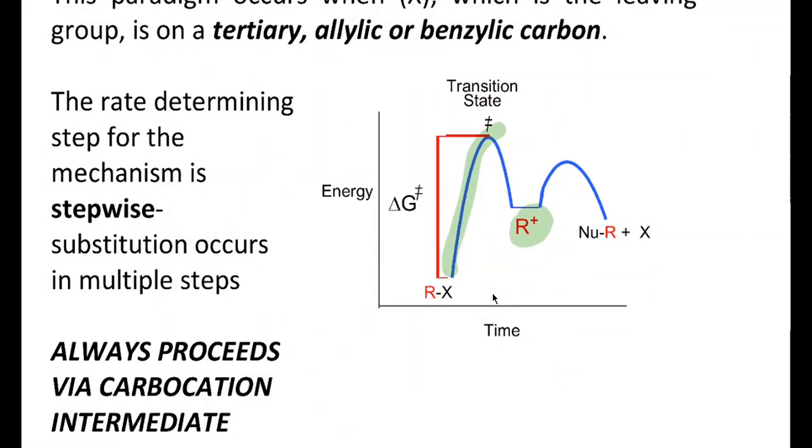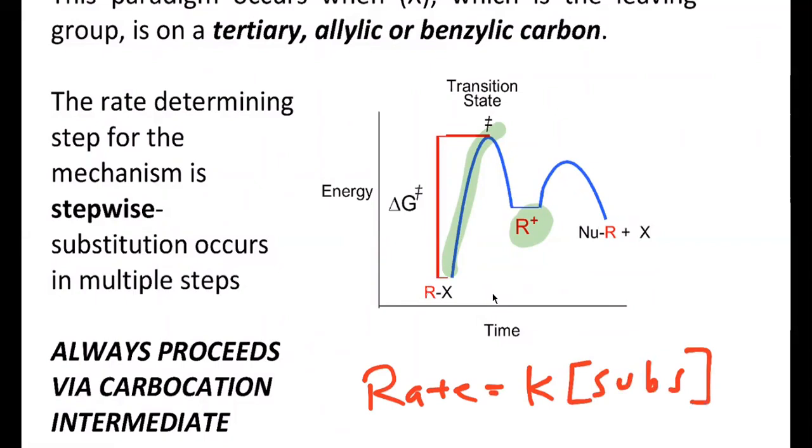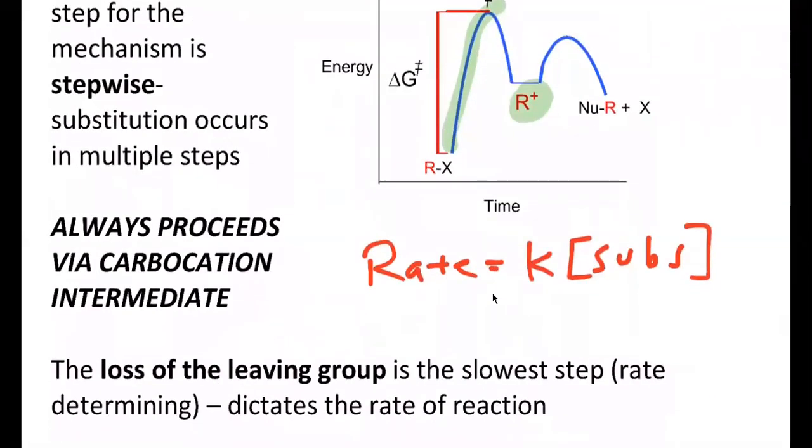So the rate law for this is just k times the concentration of the substrate. The nucleophile is not involved. So this is a first order reaction, because there's a 1 here, and it's only dependent on the substrate.